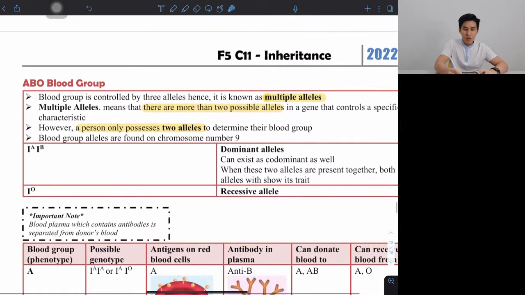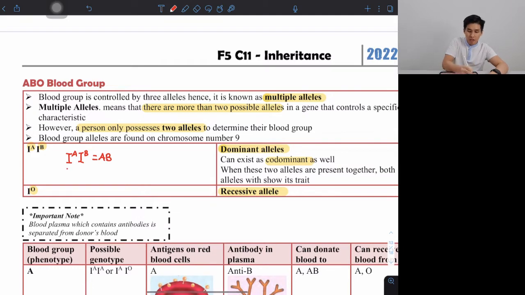Our alleles IA and IB, which are A and B, are known as the dominant alleles. Yes, we have 2 dominant alleles, and O is recessive. AB can exist as co-dominant, meaning if a pair of genes has alleles A and B, they can both be dominant at the same time and both show their characteristics, giving me the blood group AB.